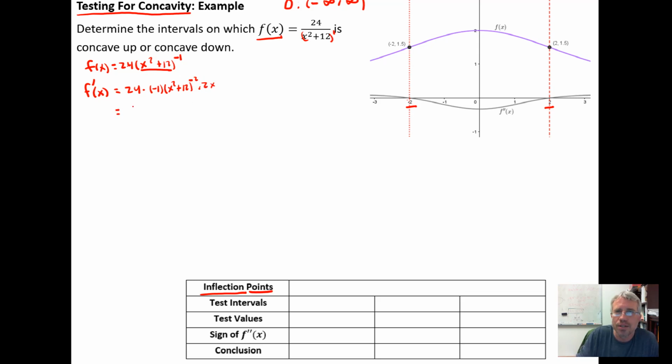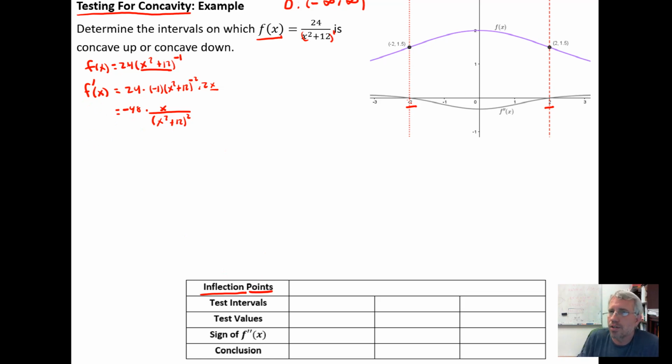And then we want to look at this and simplify things a little bit. So I have 24 times negative 1 times 2. I get a negative 48 times. I have an x here in the numerator position. And this is all over. I can make the negative 2 a positive exponent by moving the x squared plus 12 term down into the denominator position. So there's my first derivative.